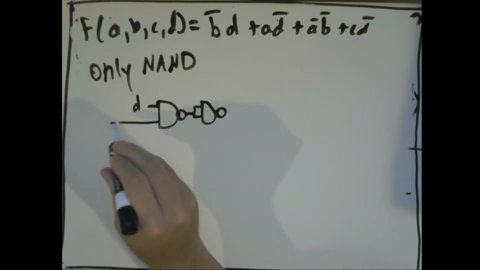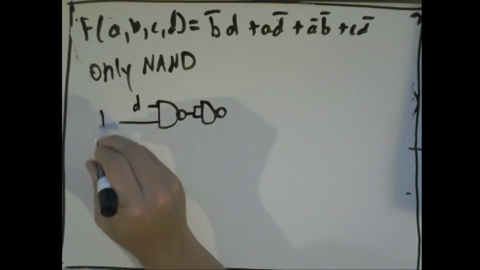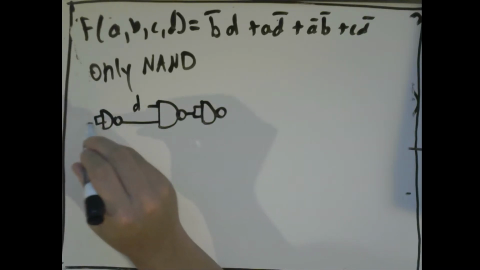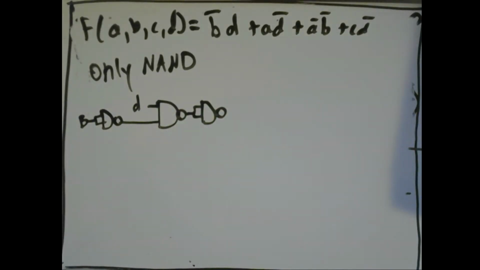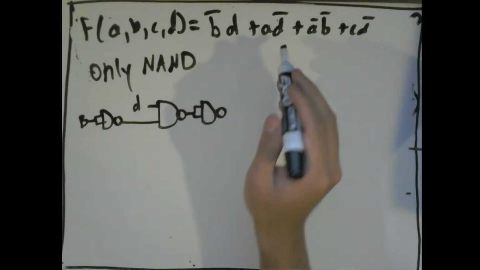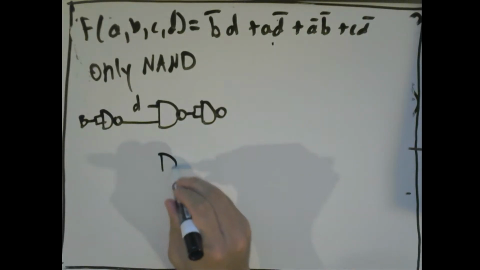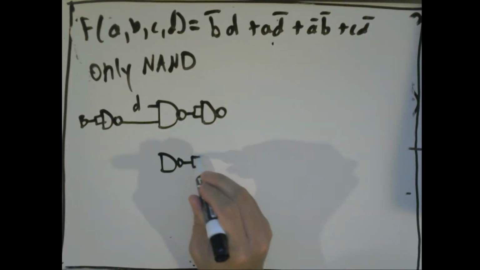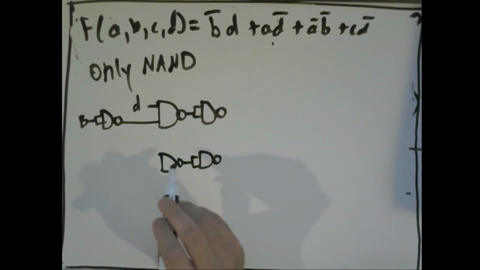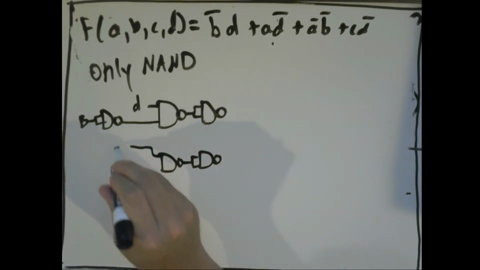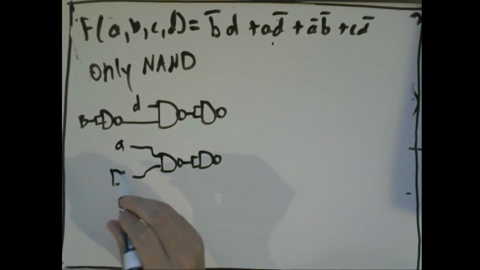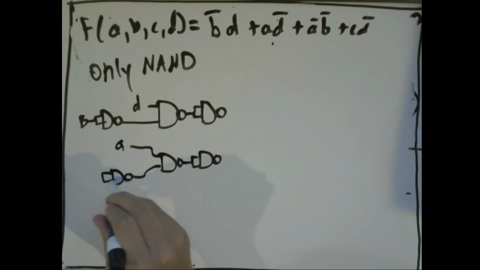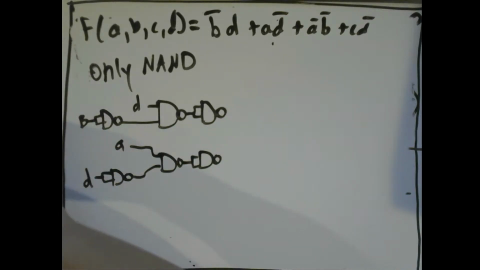So let's build the NAND inverter and put B into it. All right, we've got this term done. Let's do the next term. It's the same type of thing. It's an AND gate, so we take our NAND, invert the output, and we have A going into it, and we have an inverted D. So let's make our NAND gate inverter and put D here.